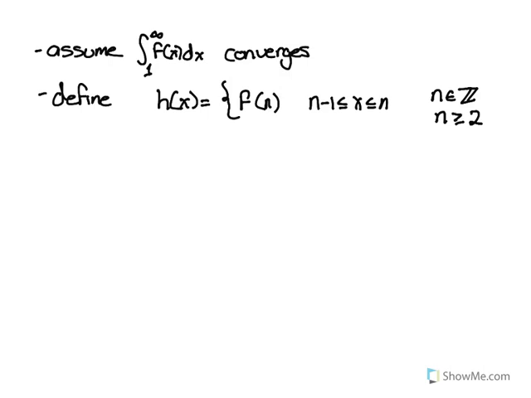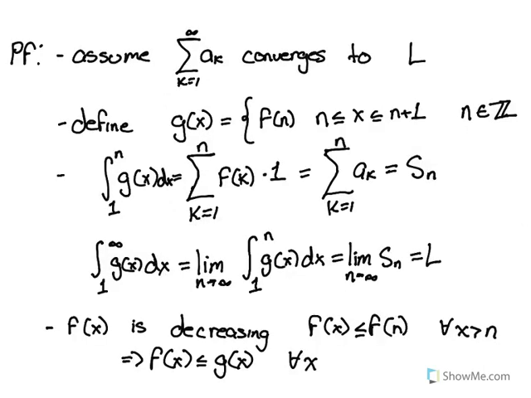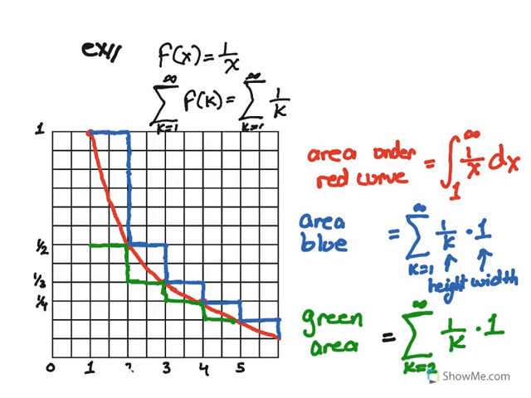And just like before, we're going to observe that the integral from 1 to n of h of x dx is equal to the series that starts at k equals 2 of f of k all the way up to n. And again, we saw this in the diagram that we drew, where all the rectangles are just shifted over one. So we start at k equals 2.